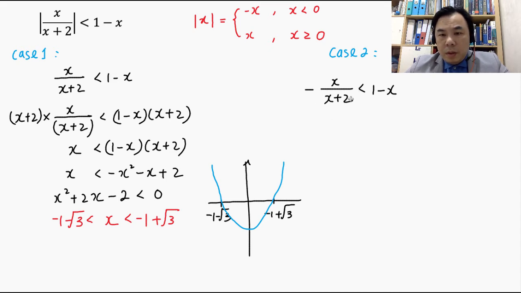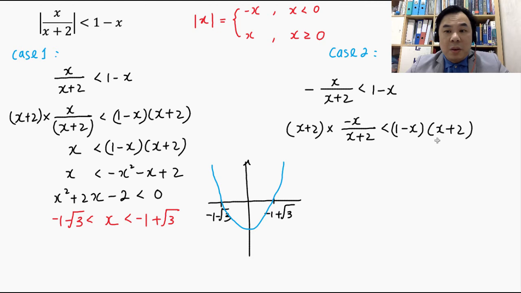Therefore, I will have x plus 2 multiplied with this. Now there you have it, and I'm going to proceed with the next step. After that, expansion.